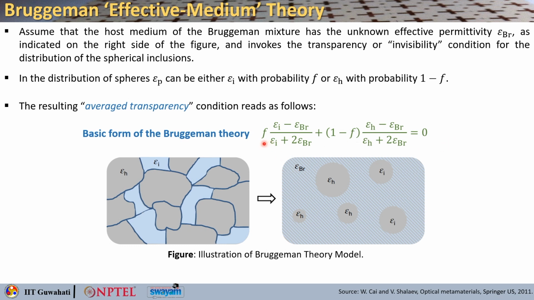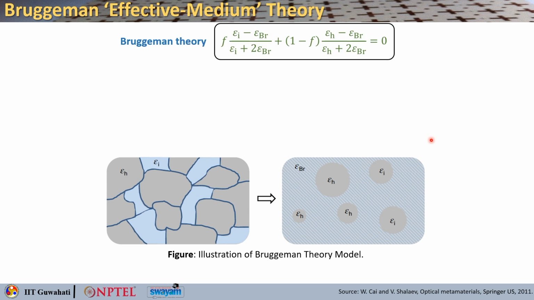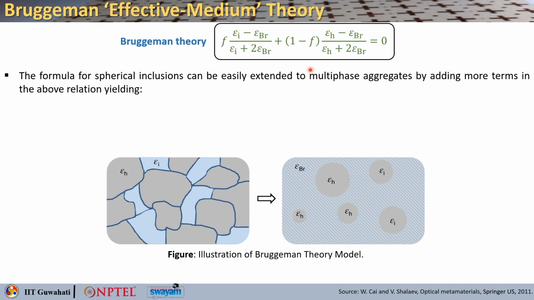It says f times (epsilon I minus epsilon Br) divided by (epsilon I plus 2 epsilon Br), plus (1 minus f) times (epsilon h minus epsilon Br) divided by (epsilon h plus 2 epsilon Br), will be equal to 0. So, this one is known as the Bruggeman theory. Okay. So, you can also do the maths and find out what epsilon Br will be from this particular equation.